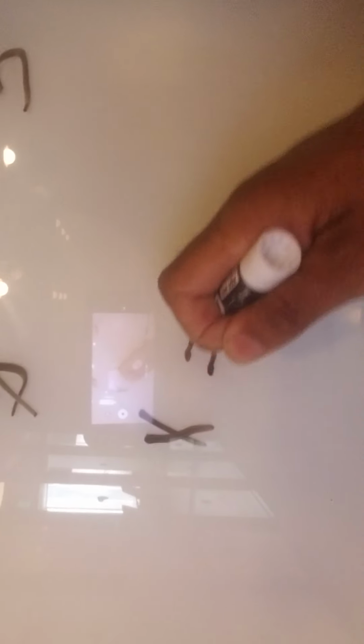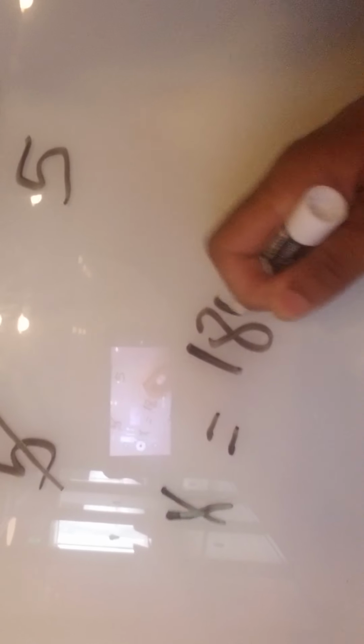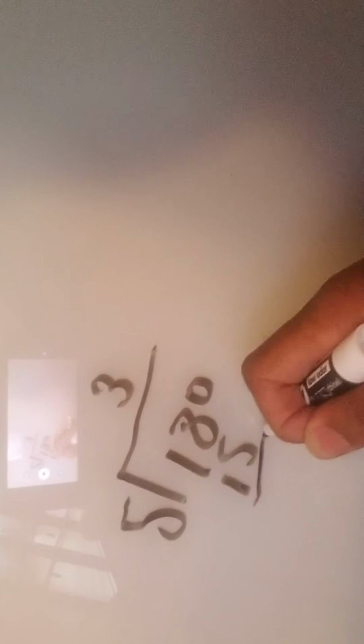They cancel out. What are we left with? X. Very good. X equals 180 over 5, which is the same thing as 180 divided by 5. Use your division.